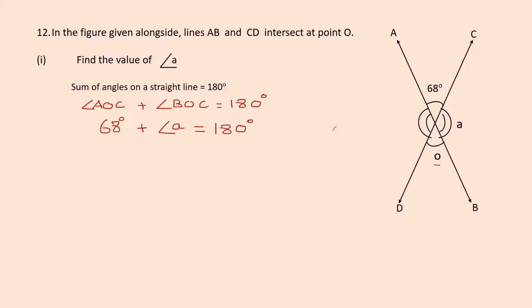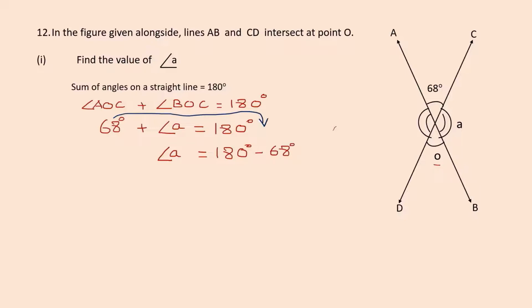So let's find out angle A. Now on the right hand side I'm going to leave 180. From the left hand side, I'm going to move 68 to the right hand side, and because it is plus 68, I'm going to write minus 68 here.